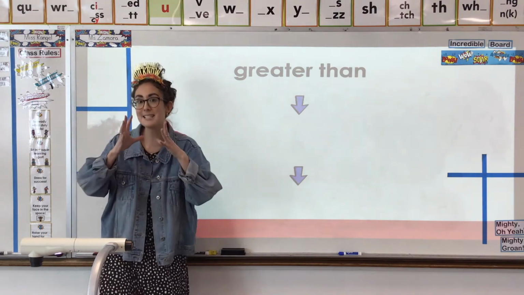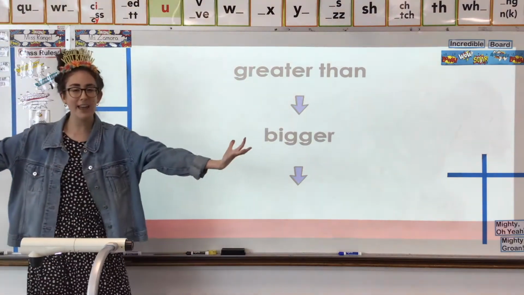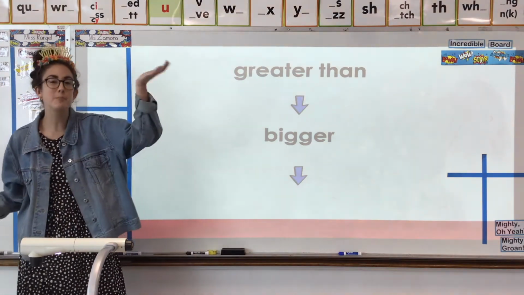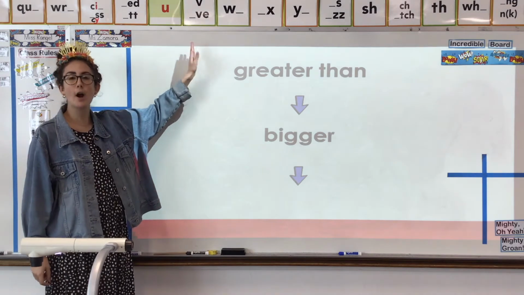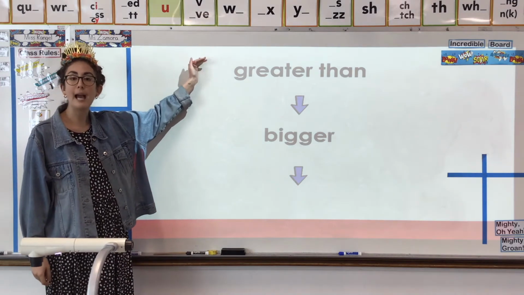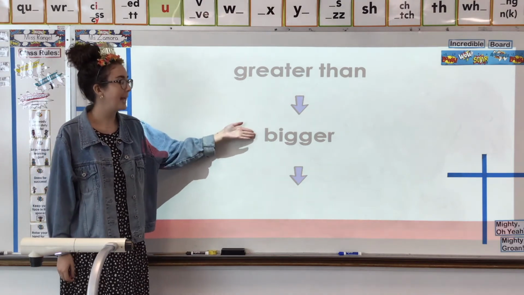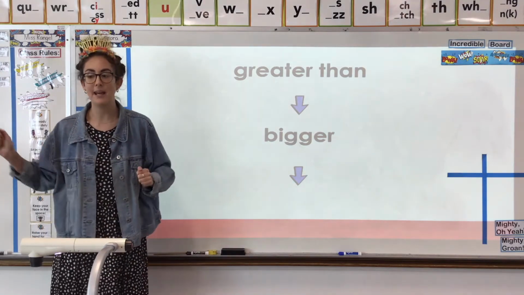And if less than means smaller, greater than means bigger. That one number is bigger than the other. Greater than is our math phrase, our math vocabulary that we're going to work to use. But its definition, it means bigger. That a number is bigger than another.